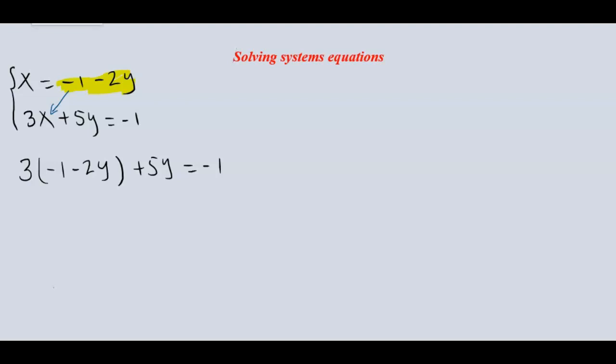To solve for y, we need to get rid of the parentheses first, and to do that we have to apply the distributive property. We're going to do 3 times negative 1, and then 3 times negative 2y. 3 times negative 1 is negative 3. 3 times negative 2y is negative 6y, plus 5y equals negative 1.